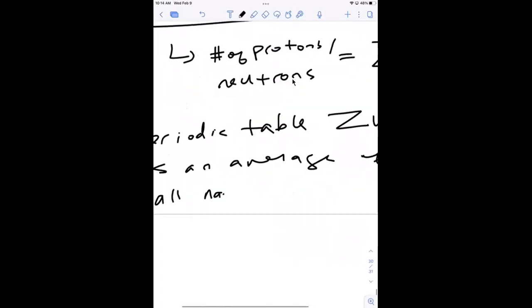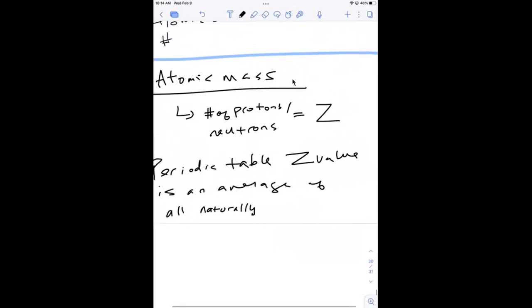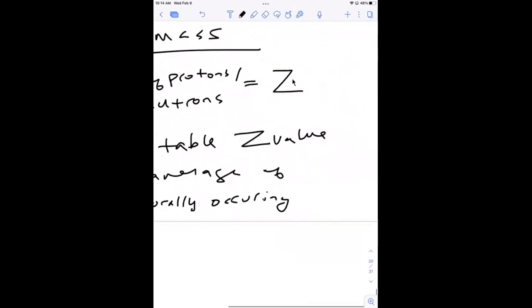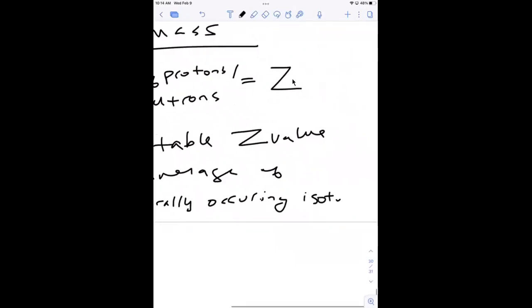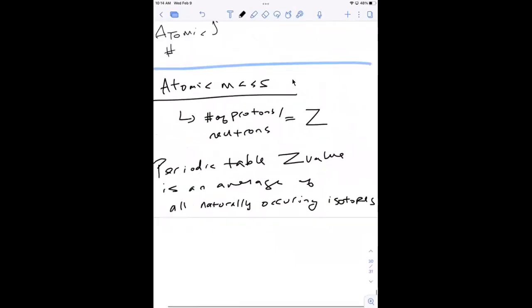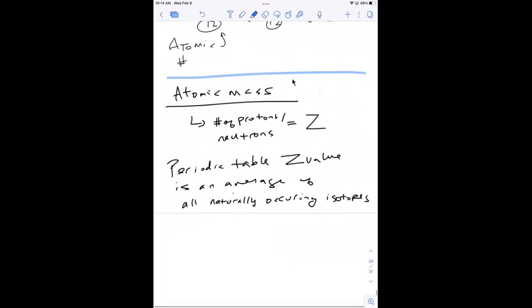And this is important. It's an average of all naturally occurring isotopes. The naturally occurring part is really important.